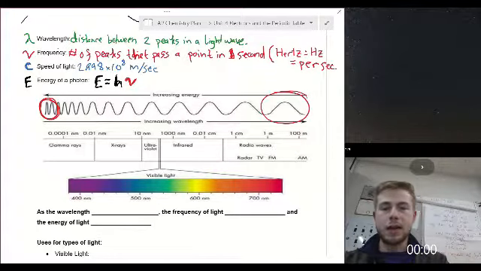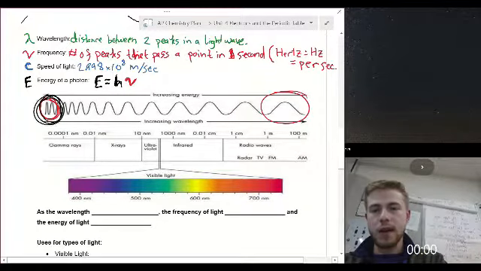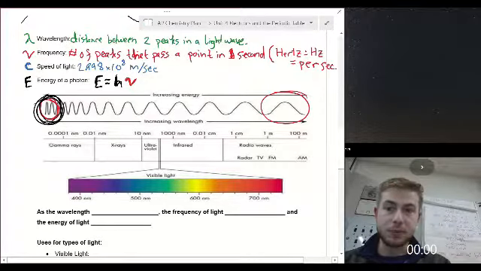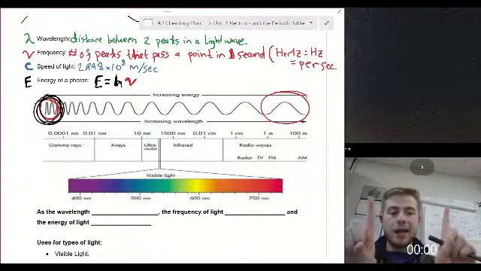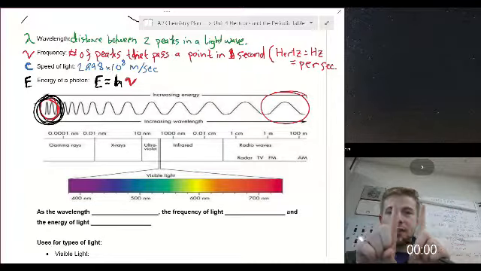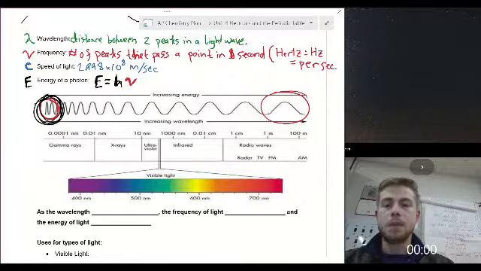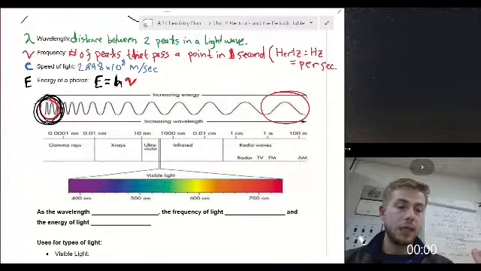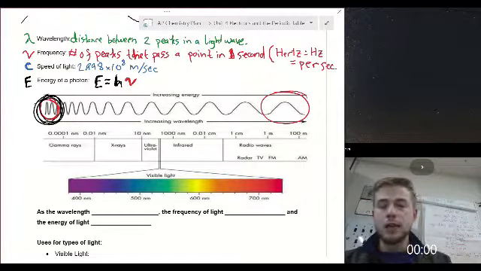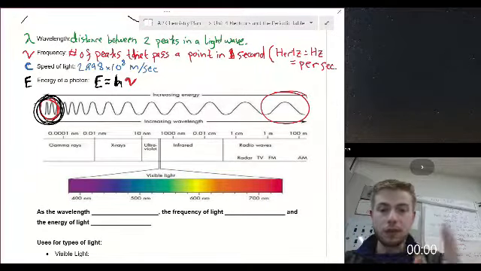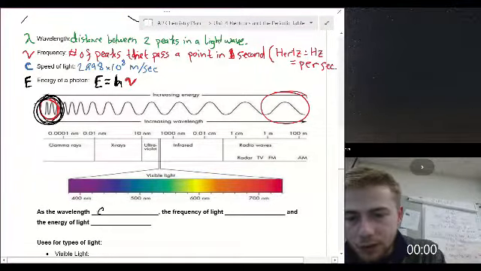But if you look back up at the gamma rays, those are the really high energy types of light. So as wavelength decreases, or the waves get closer together, the energy of light will actually increase.